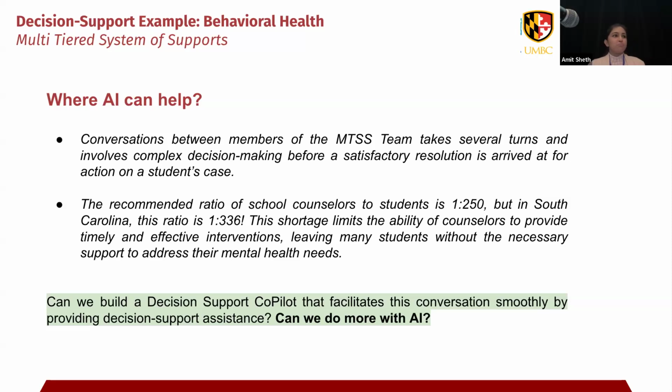And this shortage very inevitably leads to delay in effective intervention. And by this time, the student's mental health might get a lot worse, right? So we need timely interventions. We need to help the students better, faster, in an effective manner.